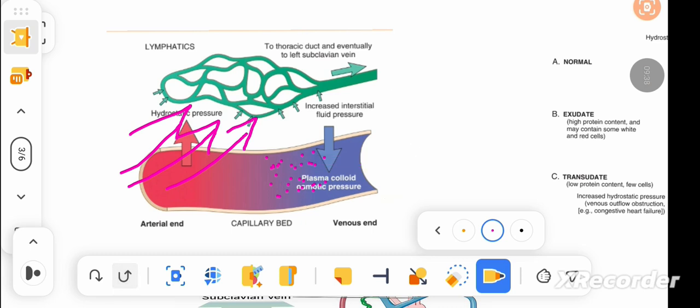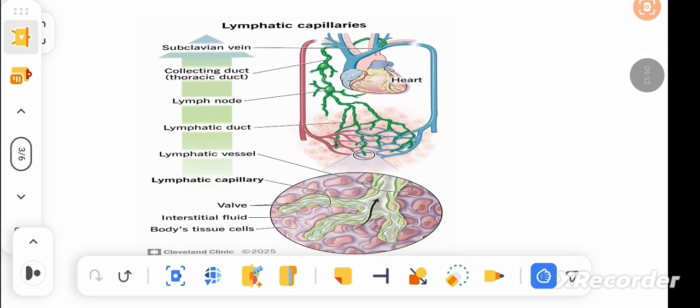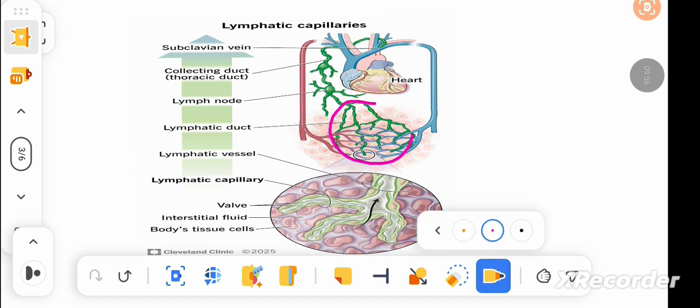Okay, so now the lymphatic system drains the excess interstitial fluid back into the blood. That is, we have these lymph vessels which are green in color. They collect that excess fluid via the thoracic duct, draining it back into the veins at the subclavian vein.